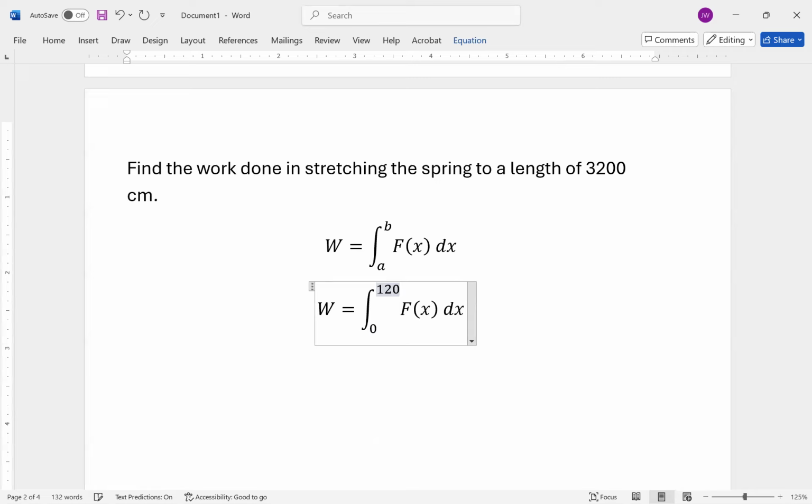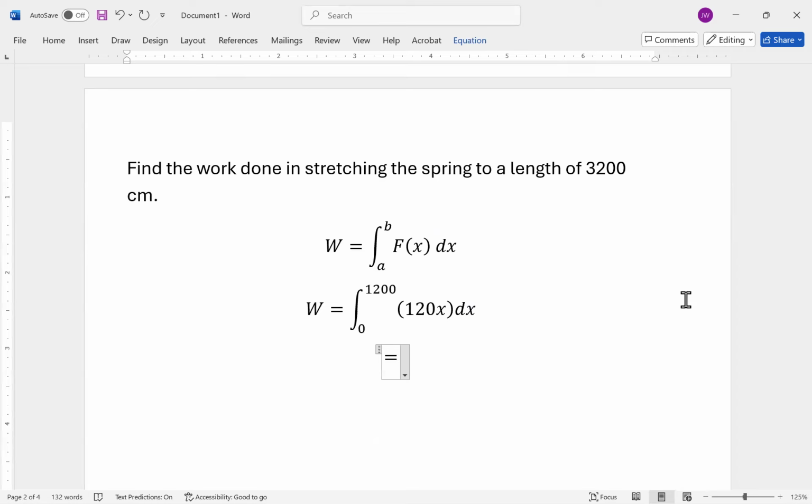So if it starts at 2,000 and we stretch it to 3,200, that means the amount of stretch is 1,200. So my bounds are going to go from 0 to 1,200. We integrate the force function from 0 to 1,200.